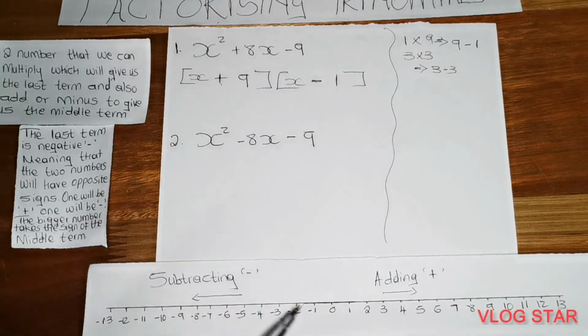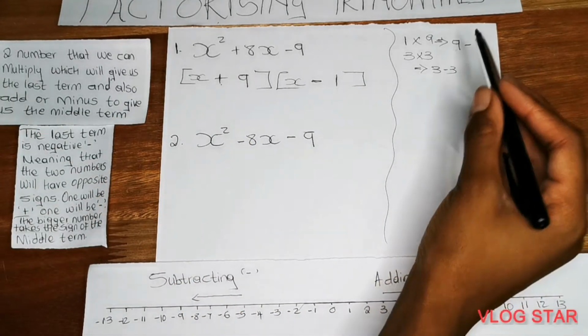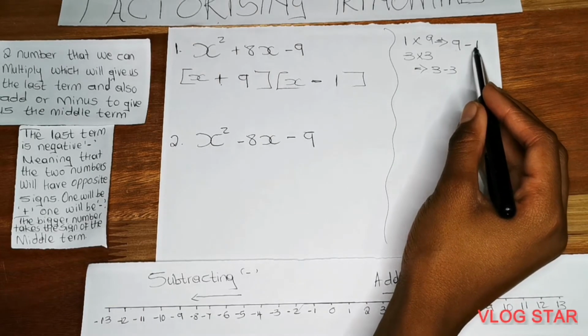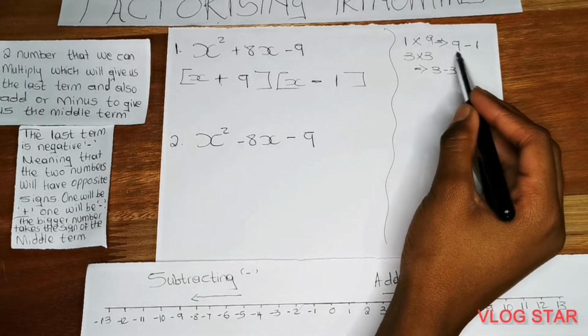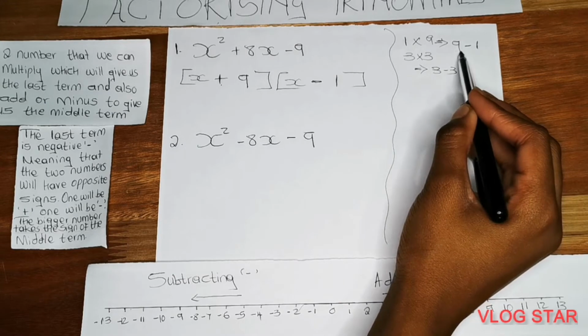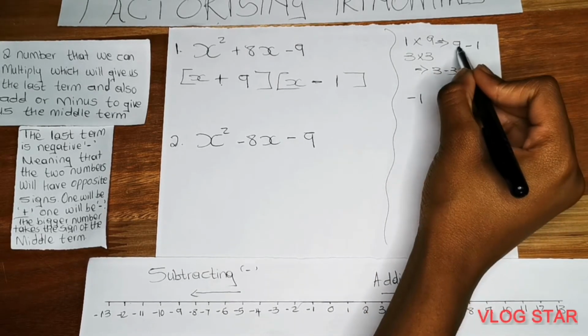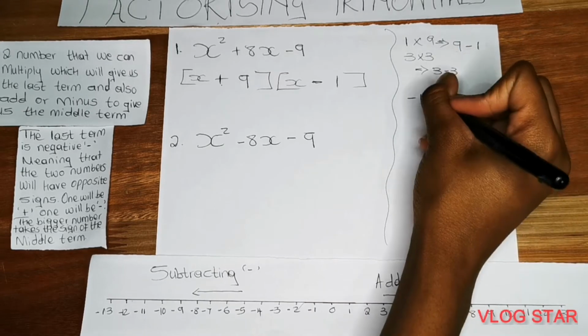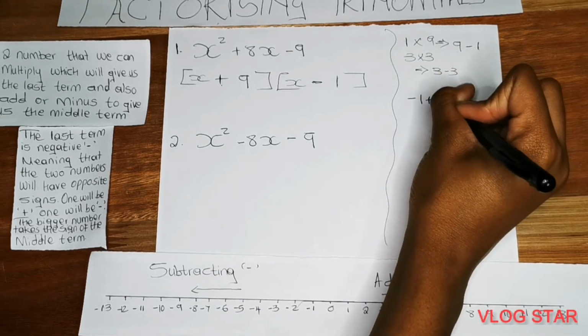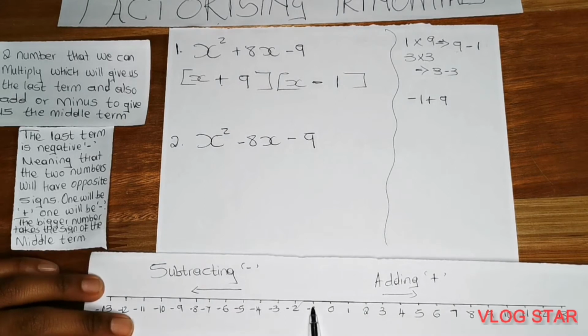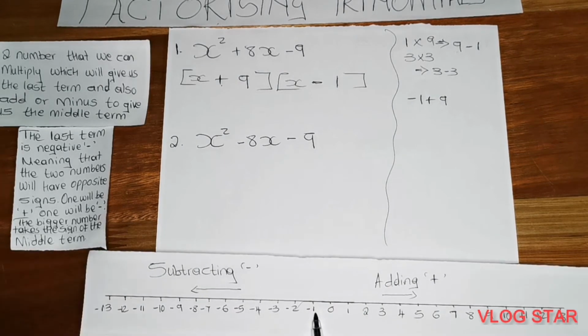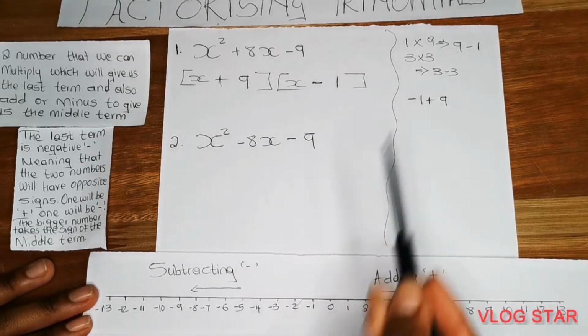So let me just show you one thing again. If I wanted to start with minus 1 when writing the expression and I didn't want to put 9 first, I can still do it. I can still say minus 1, and then I know that my 9 is positive, and then I'll just say plus 9. And then I'm here at minus 1, and I have to add, meaning that I'm moving to the right. How many times? 9 times.